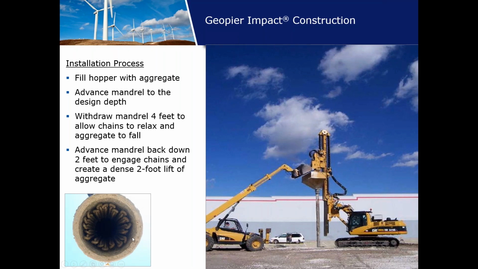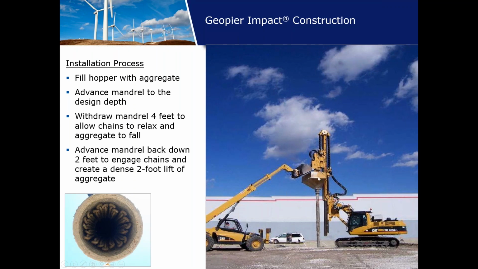So what you see in the bottom left of this slide is what you would see if you were to look directly up into the mandrel. And I know it doesn't seem like much, it's just a bunch of chains hanging down like tentacles. However, when we push down the mandrel into the soil, these chains bunch up and form a plug. And that plug prevents soil from getting into the mandrel. And it has a second purpose, which I'll describe in a minute.